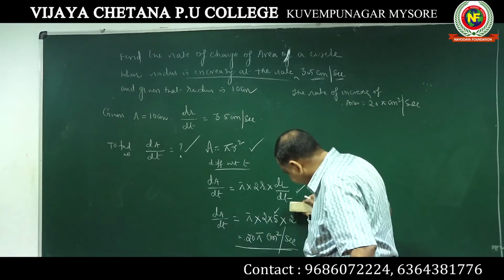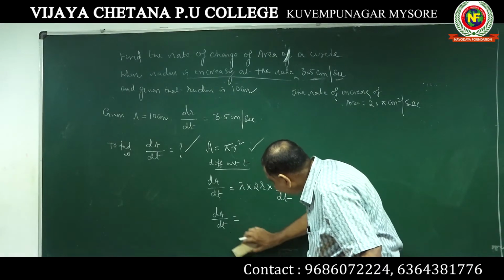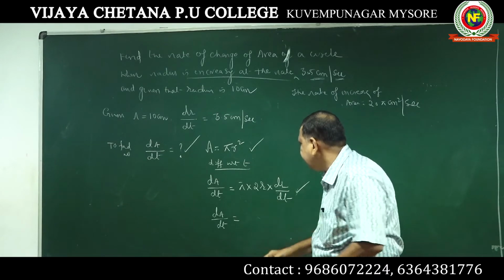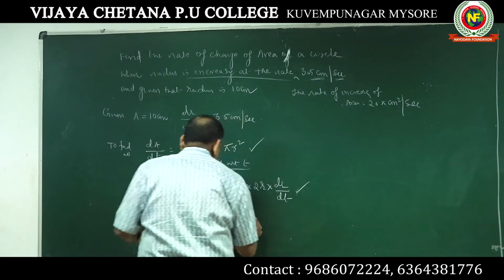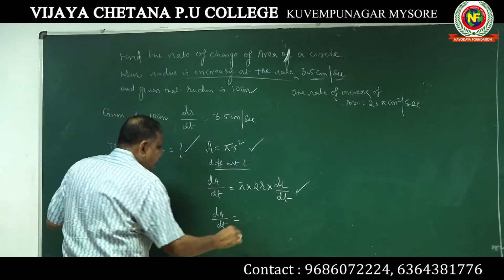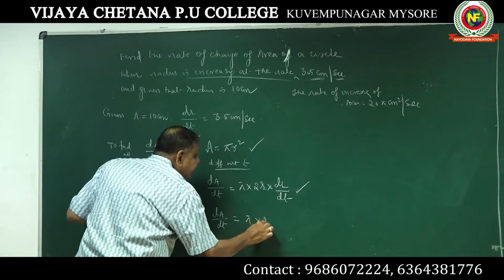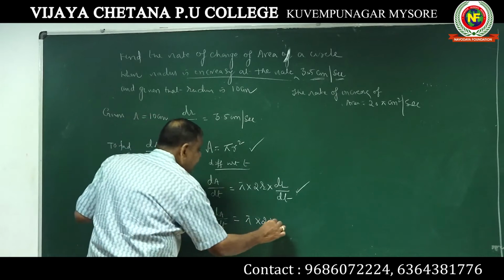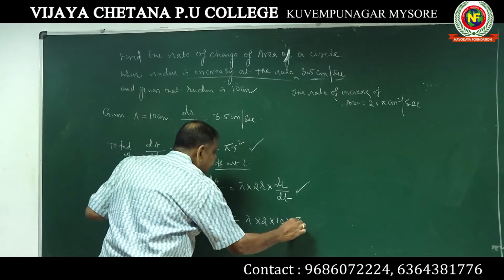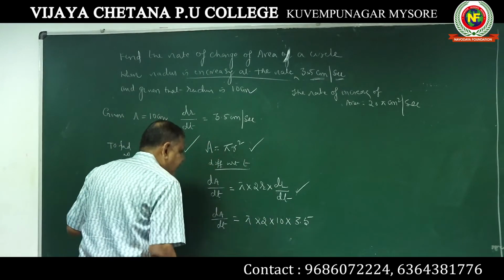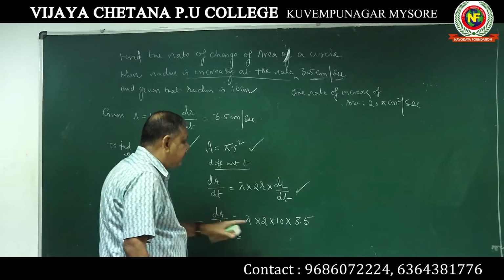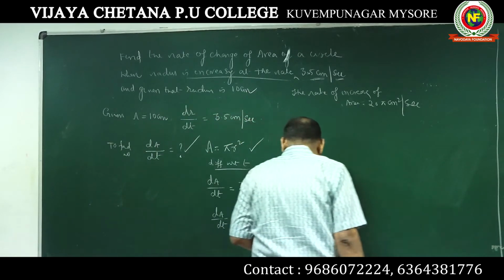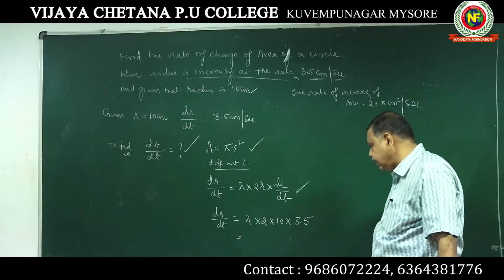Now here you should be careful while substituting. I suppose all of you follow the same procedure. Pi into 2 into r, r is this time 10 centimeter, into dr by dt, 3.5 centimeter. Now this is nothing but 10 into 3.5, I hope it is 35. You must be knowing it also.